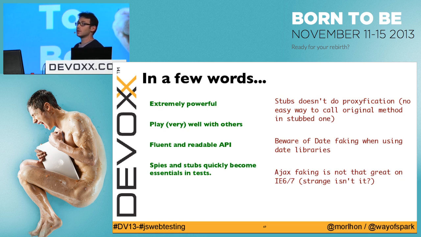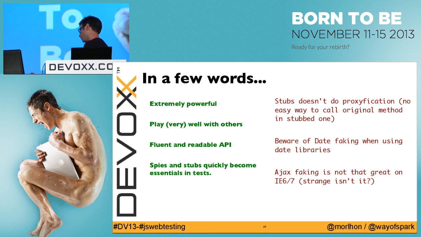So in a few words, it's a very powerful tool. The great power of Sinon is the spies, the stubs, and all this stuff, which is or is not available in other frameworks. The advantage is that you can use it in any other. For example, if you started your project with QUnit, which is really too simple, with no spies, no mocking, no Ajax mocking features, you can later add Sinon to add all this stuff.